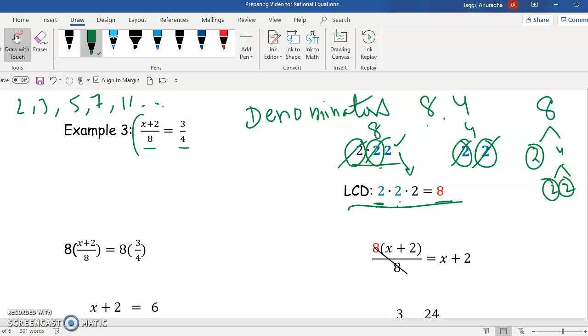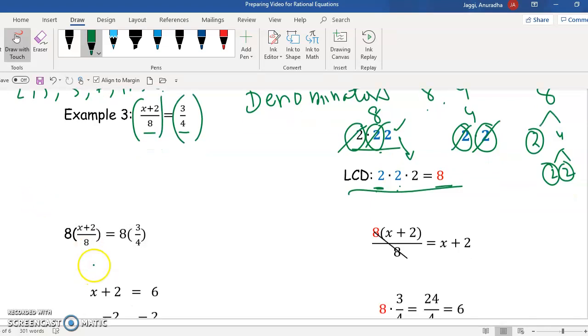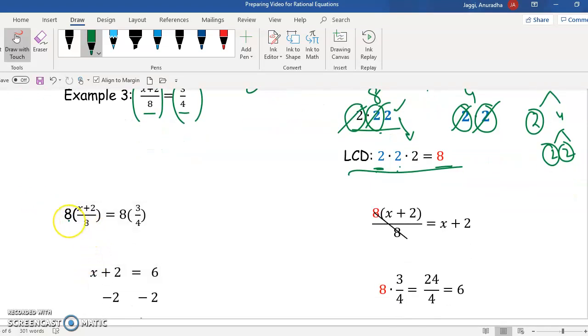Next step again, parentheses, multiply 8 to the left hand side of the equation and 8 to the right hand side, and then let's simplify this. 8 in the numerator is a factor. You can cancel a factor with a factor, not a term with a term.